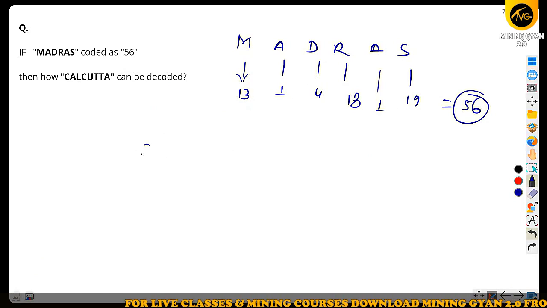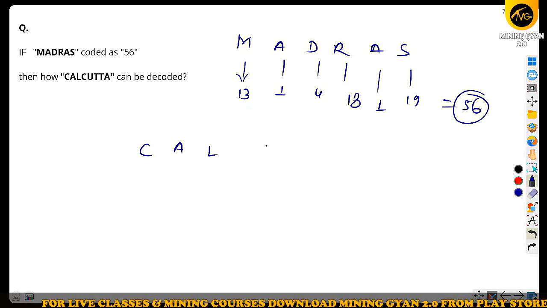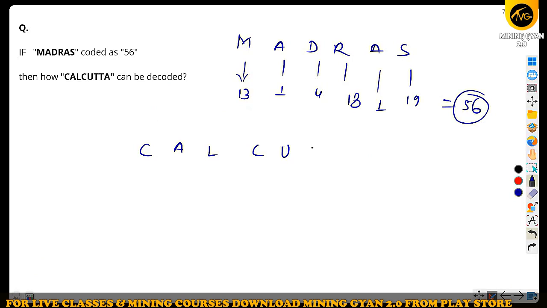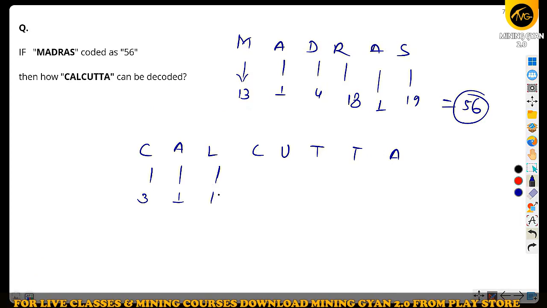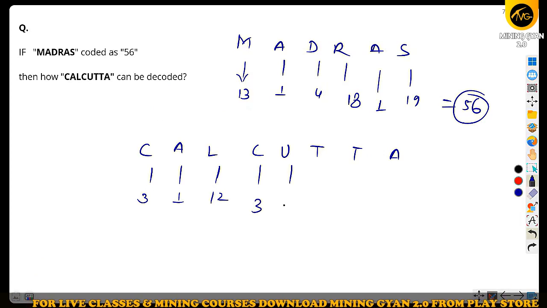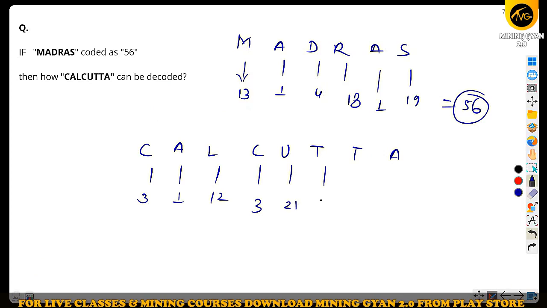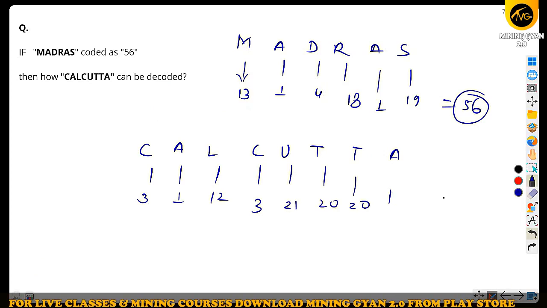Now similarly, you can use the numbers for KOLKATA. K is 11, O is 15, L is 12, K is 11, A is 1, T is 20, A is 1.